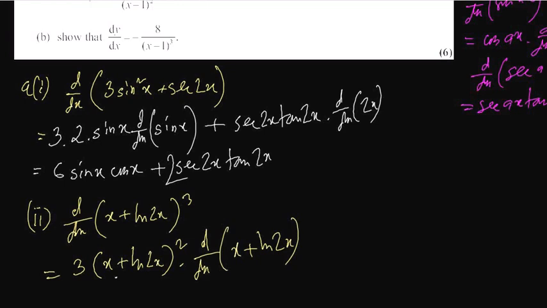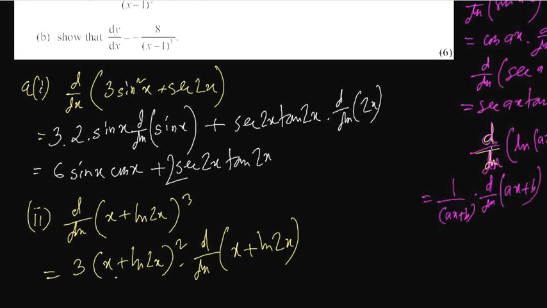Now for doing this particular derivative, you need to know the derivative of ln (ax plus b), which is going to be the reciprocal of whatever is after ln, and the chain rule is d by dx of ax plus b. Remember, for the derivative of ln you have to take the reciprocal. That's all you have to do. So let's move on.